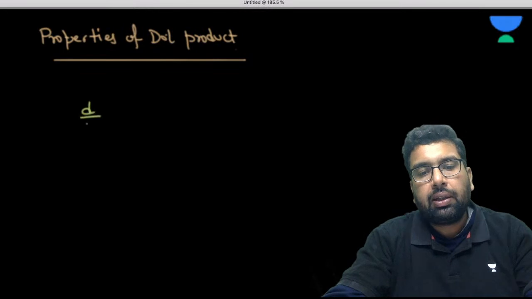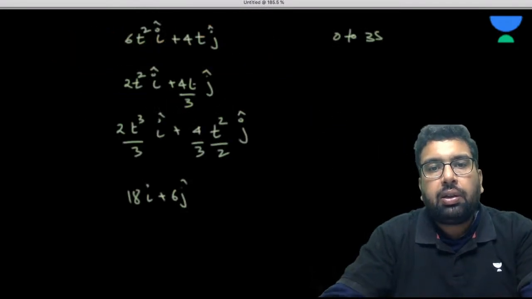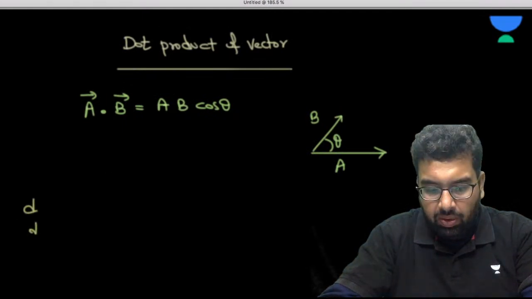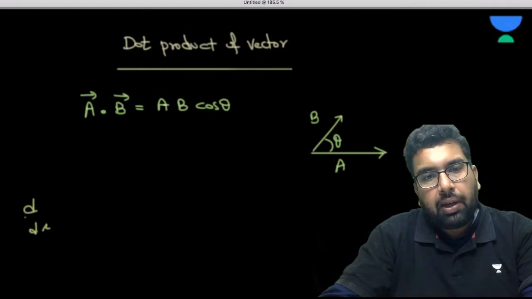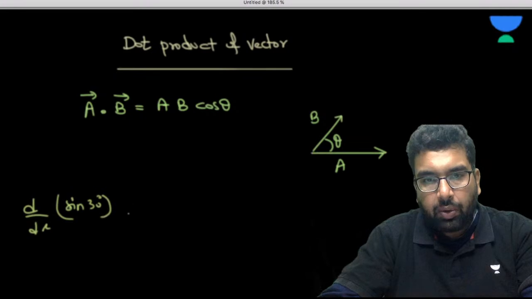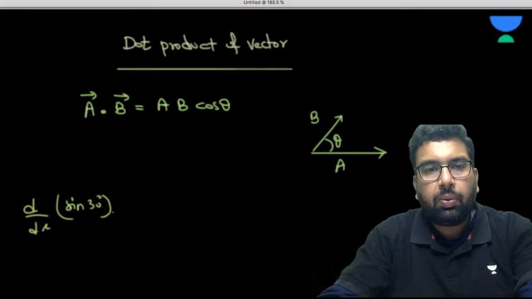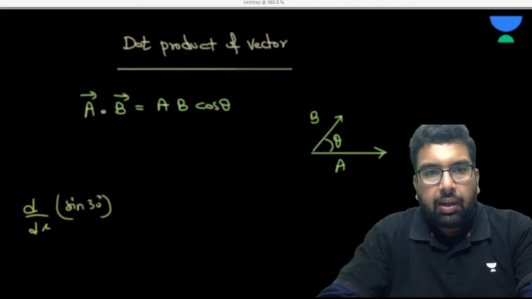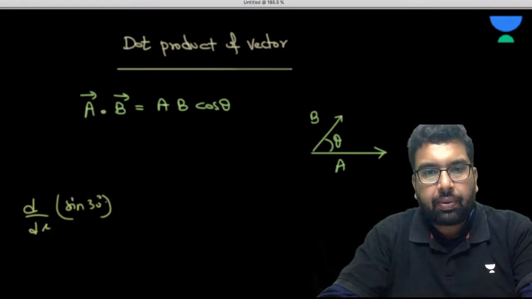You are asking d by dx of sine 30. First tell me, am I getting you right or wrong? This is what you are asking, d by dx of sine 30, right?